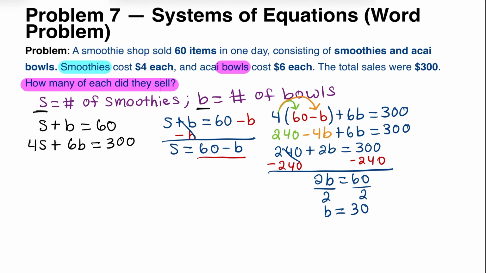We have S plus, and B is 30, we found that right above, equals 60. Now solving for S, all we have to do is subtract 30 from both sides of the equation. And we end up with S equals 30, as you can see.